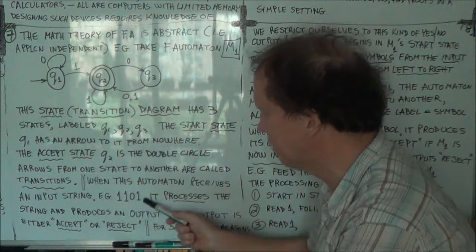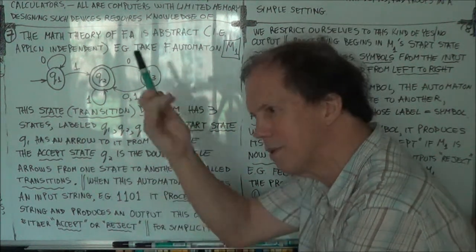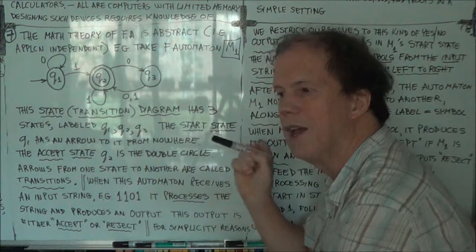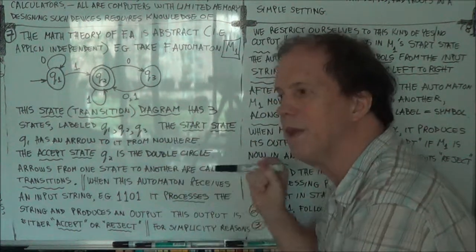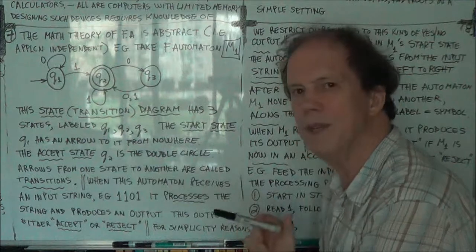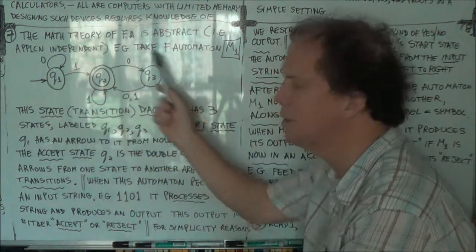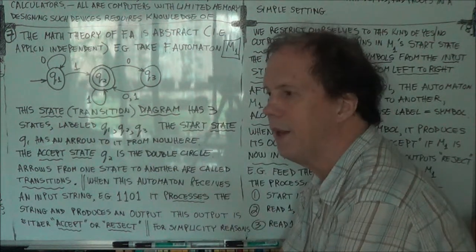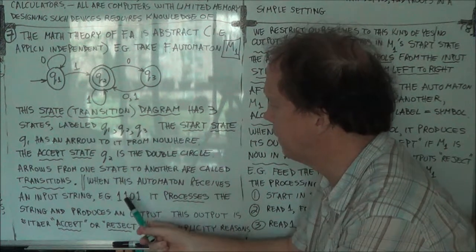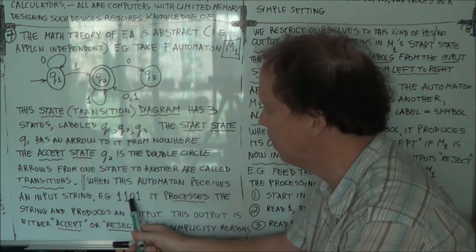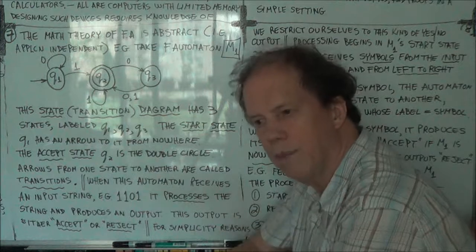In this case, we're talking binary symbols, but they could be letters or whatever. Some kind of a sequence. Over time, a sequence of signals goes into this automaton, into this machine, and the machine looks at each symbol one at a time, one by one.